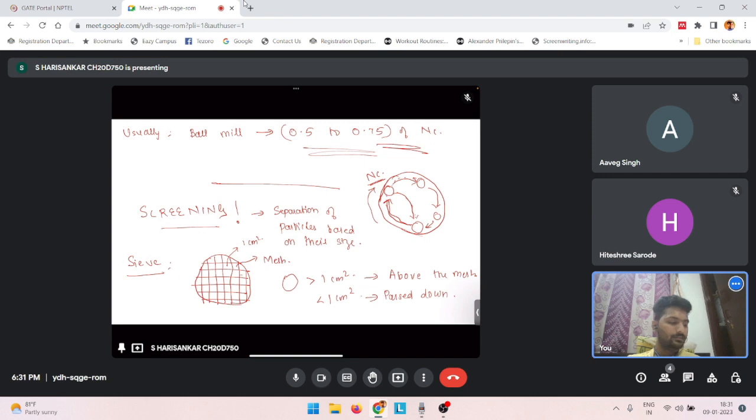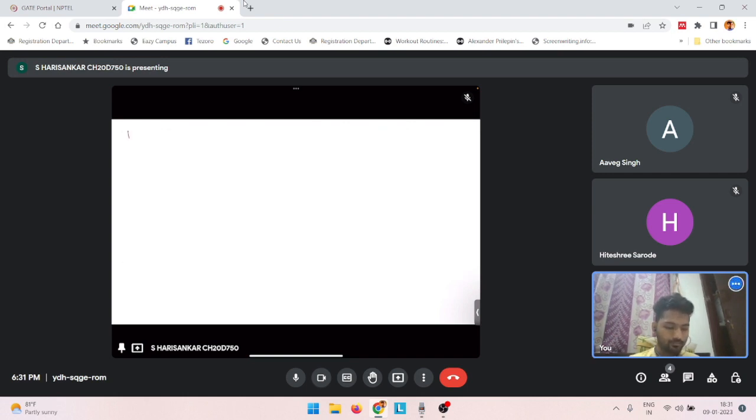Now, the next thing is the mesh number or the mesh size. So for example, if you have something called 20 mesh size, this means there are 20 openings per square inch in the sieve.